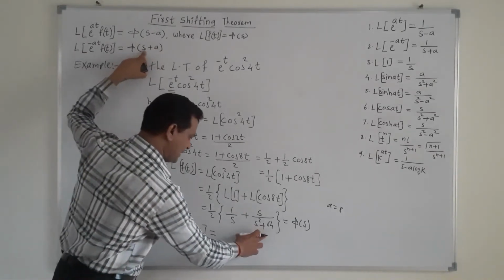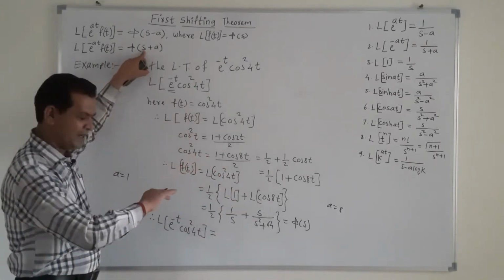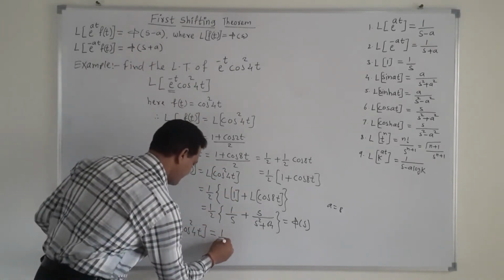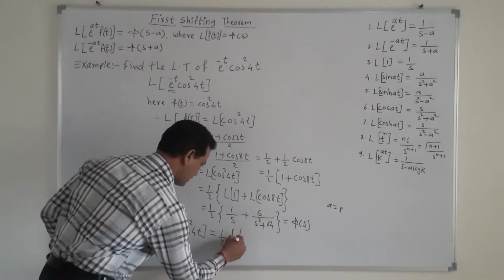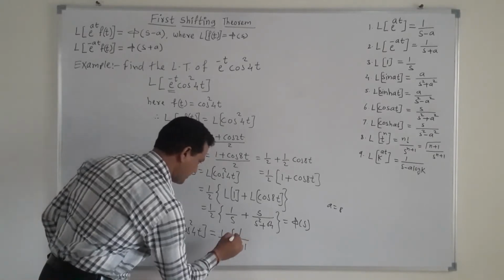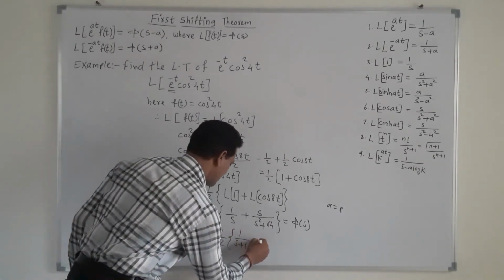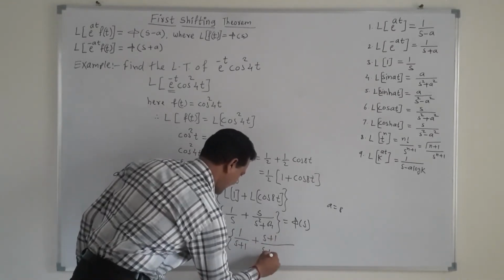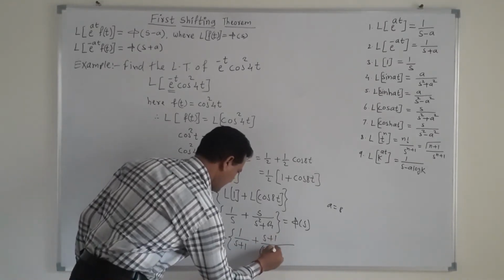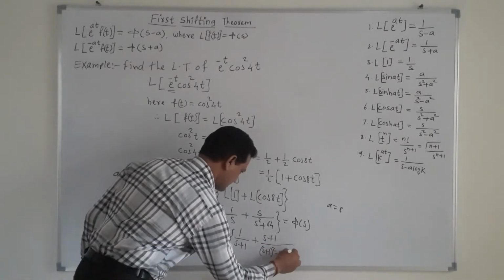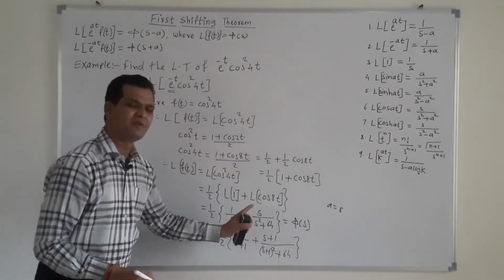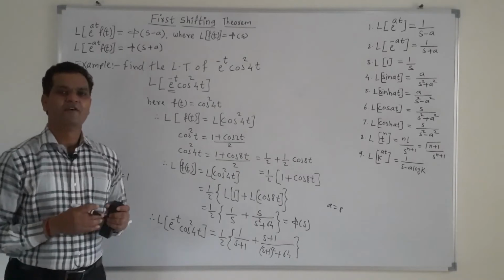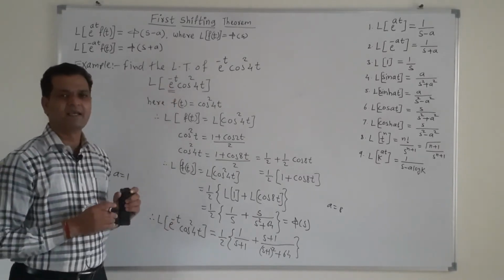So in this parameter s, add the term 1. We can write this as 1 upon 2 in bracket 1 upon s plus 1, plus s plus 1 upon s plus 1 whole square plus 64. After simplifying the denominator terms, we get the final answer for this example.